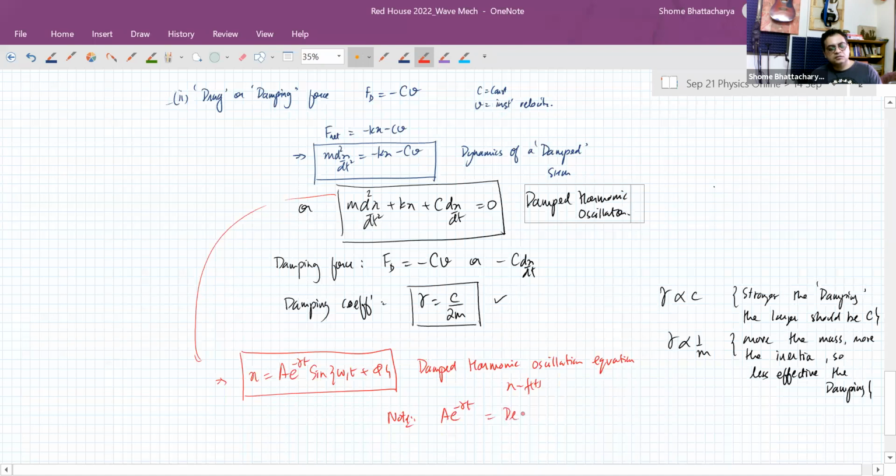This is a decaying amplitude, a time decaying amplitude. And the sine omega 1 t plus phi, this is an oscillating term. It's a harmonic term.